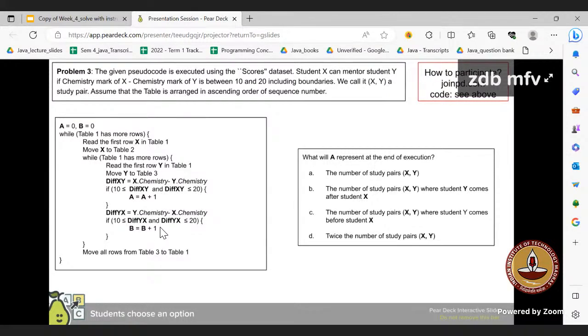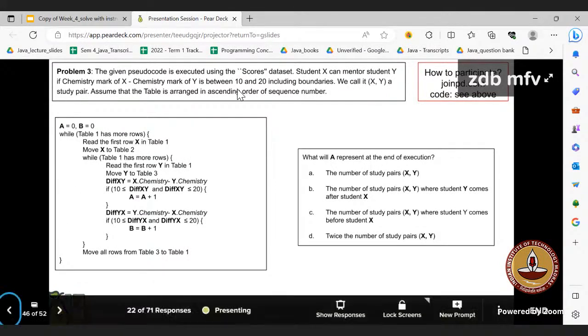But XY itself represents the study pair in which X has more chemistry marks than Y, and X can mentor Y. So A is sufficient. Yeah, but the thing is, we are talking about the arrangement. Yes, ma'am. But in the question it is mentioned that XY is a study pair. No, here it is mentioned: assume the table is arranged in ascending order of sequence number.